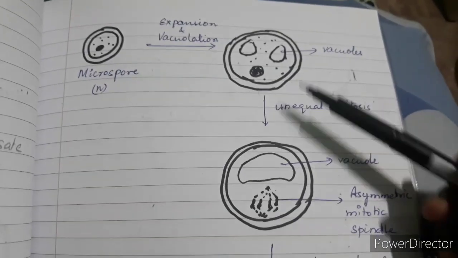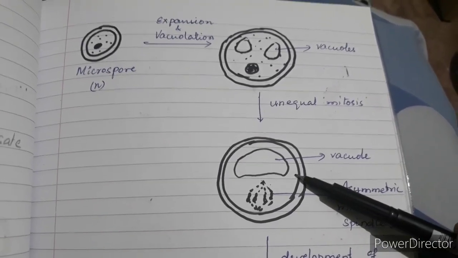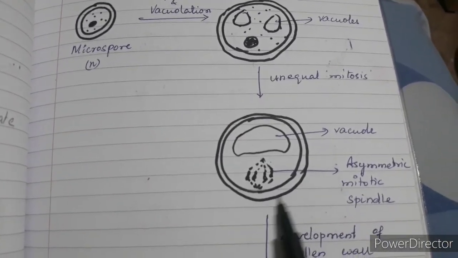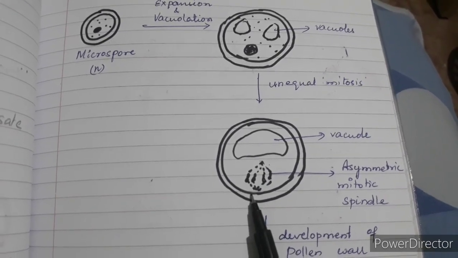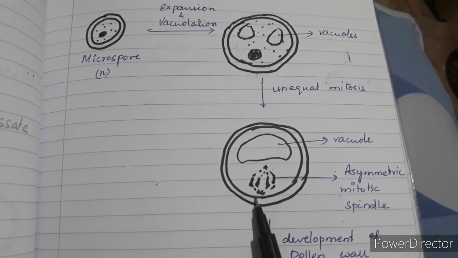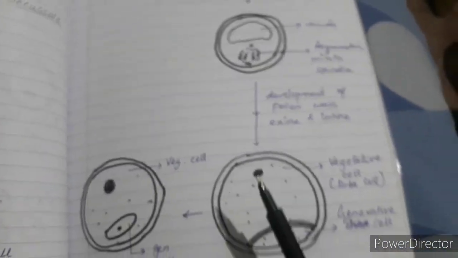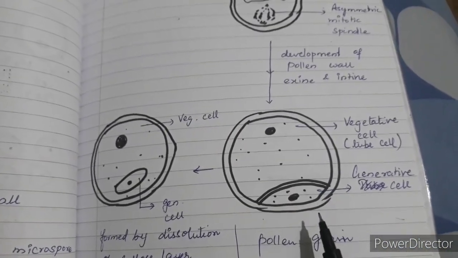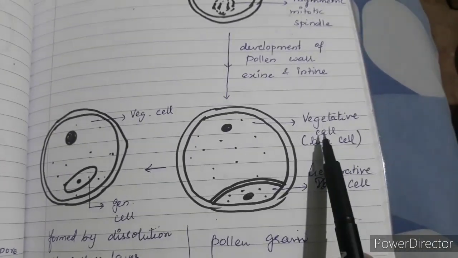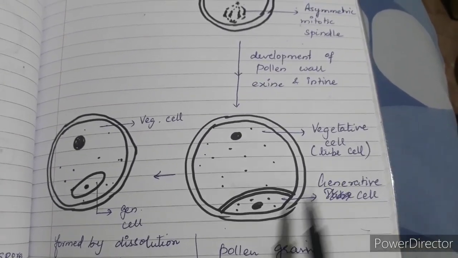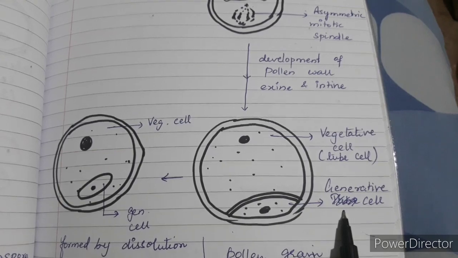This cell undergoes unequal mitosis. So you can see the asymmetric mitotic spindle over here indicating the unequal mitosis happening. Then that leads to the formation of a bigger cell and a smaller cell. The bigger cell is known as the vegetative cell or tube cell. The smaller cell is known as the generative cell.